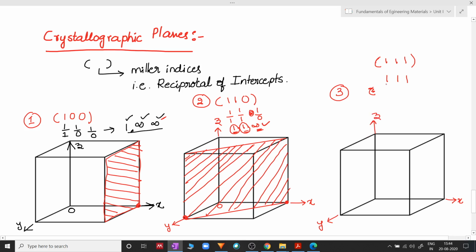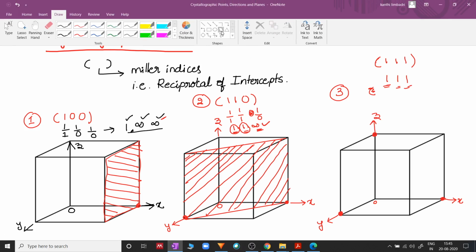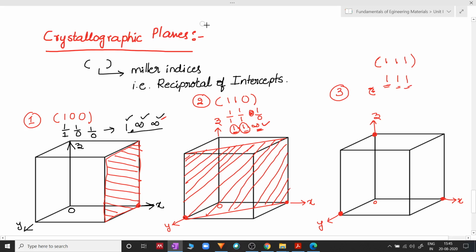Then 1 unit on x axis means from 0, this is the origin, from 0 this is 1 unit. And then 1 unit on y axis, it is intersecting here, and 1 unit on z axis here. By joining these 3 points we can draw that required plane.